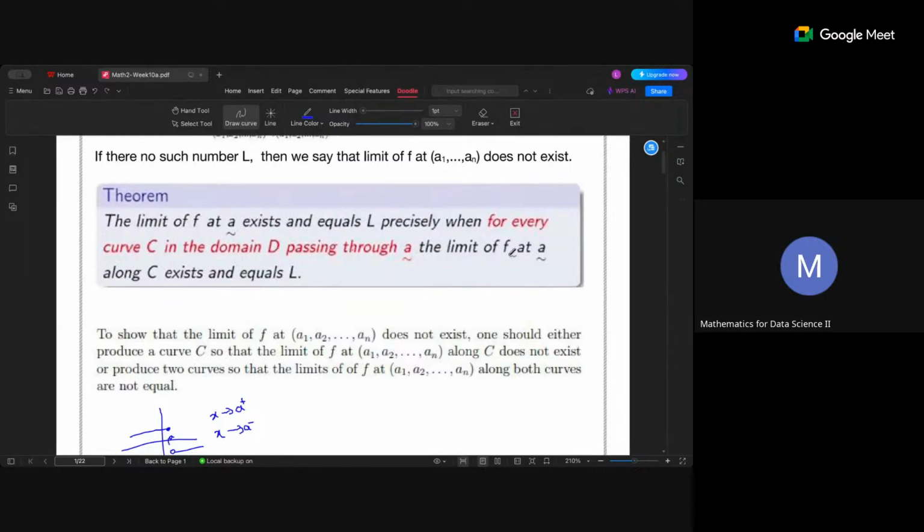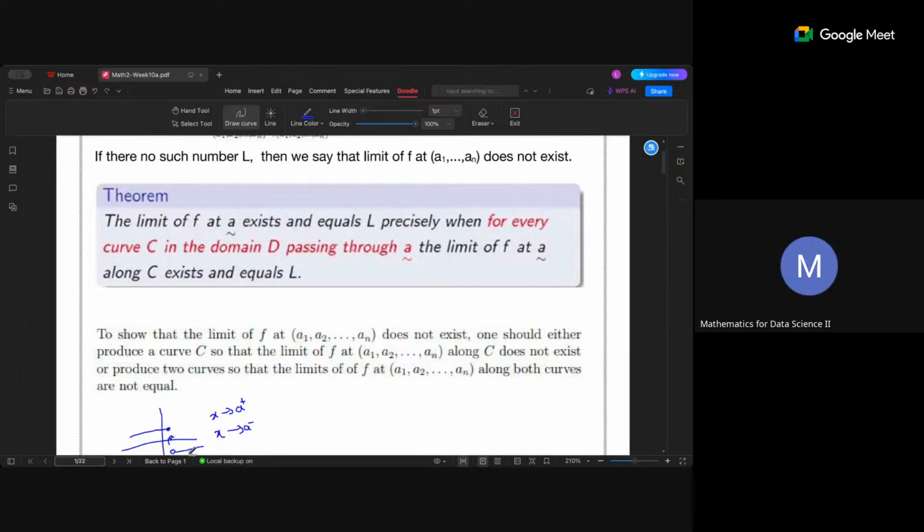The limit of f at A tilde along C exists and equals L if for every curve C in the domain passing through A, the limit exists, and it should be equal to L. It is not enough if it just exists.